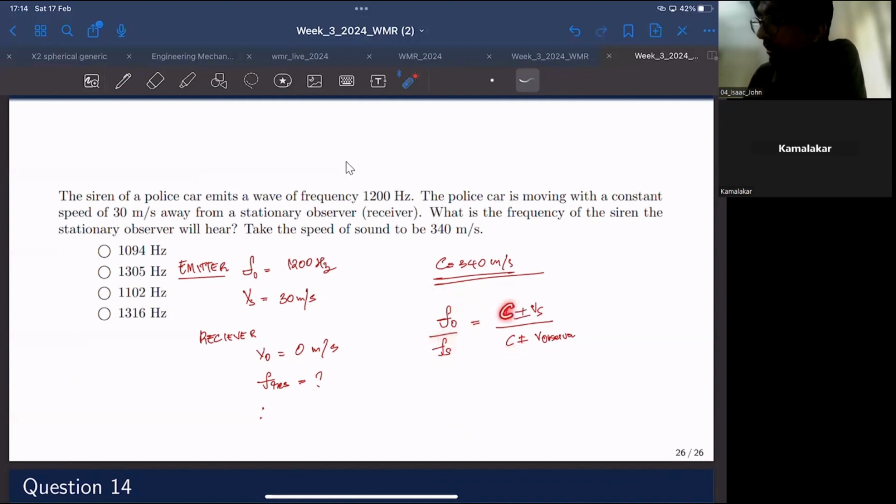Where C is the speed of sound, Vs is the speed of the emitter, and Vo is the speed of the observer.